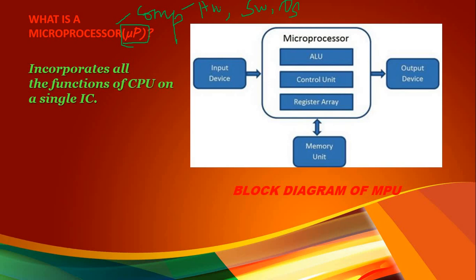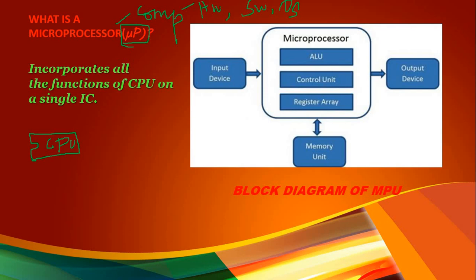So what is a microprocessor? It is nothing but one IC which performs all the functions of a CPU. In this IC, we implement the functions that a CPU performs in a computer. The single IC will perform all those functions.